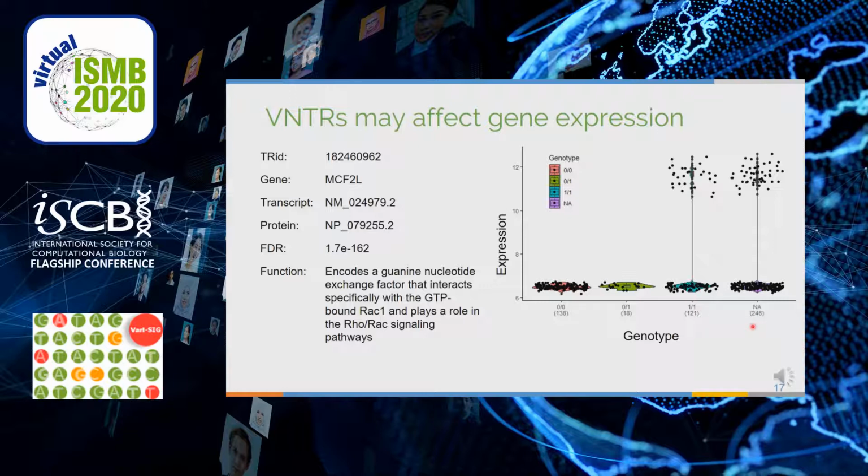So that's why I'm showing them as a class of their own. But here you can see that in the absence of a 0 allele, we get some individuals with a higher probability of having very high expression.